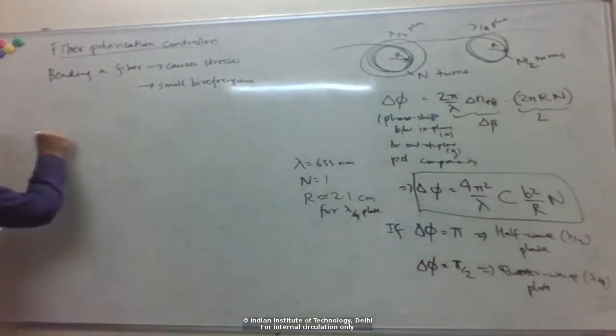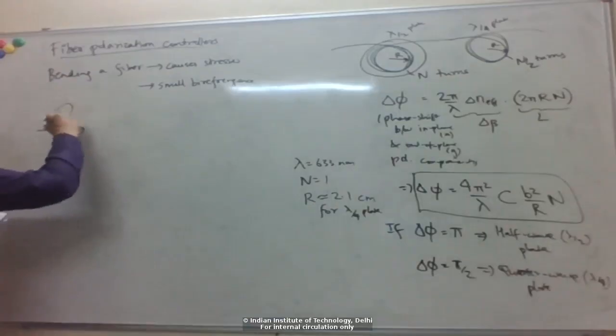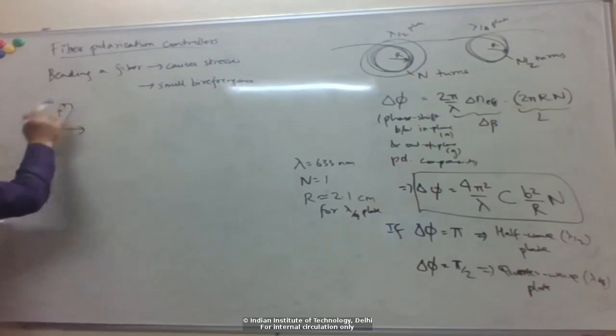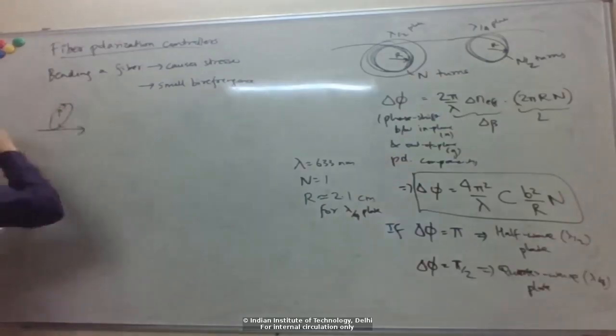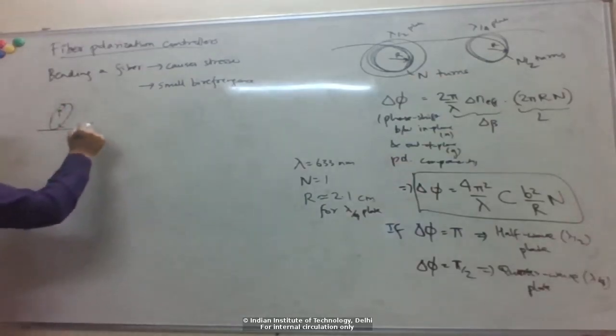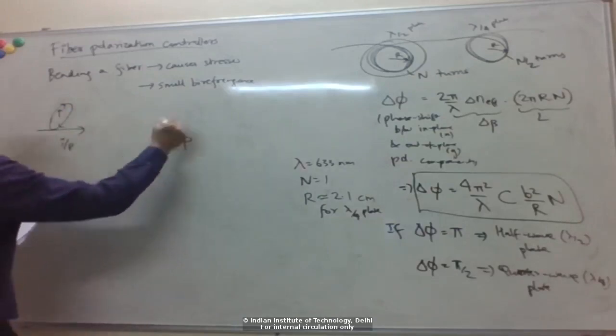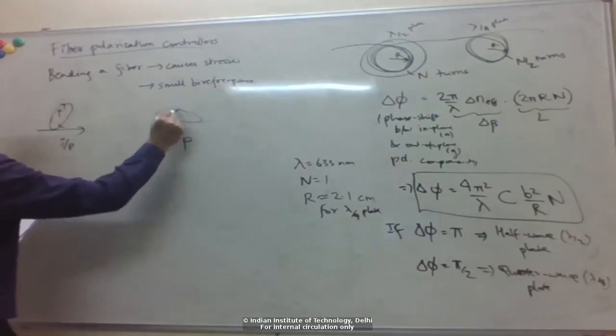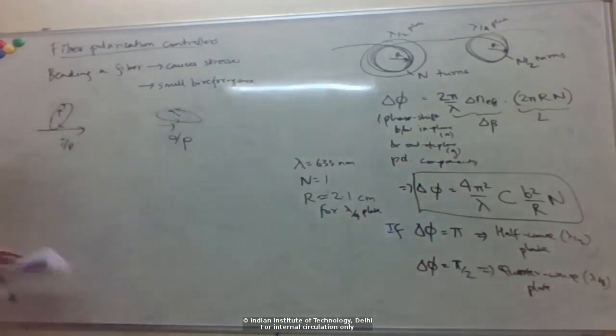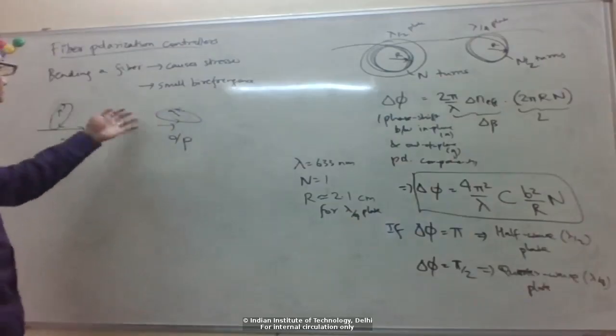So at the input, you could have some arbitrary polarization you don't know. It could be linear or circular or elliptical in some direction. And you want to convert it to some other kind of polarization, again whatever, some elliptical, linear, circular.